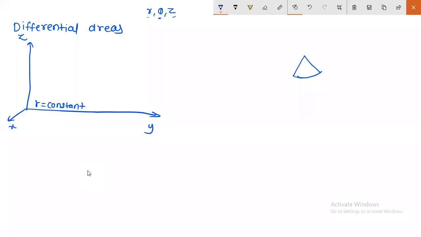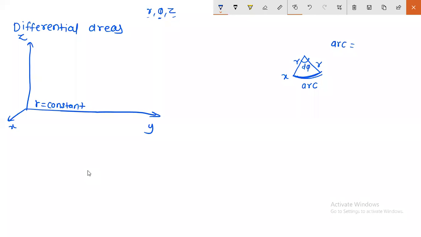If this is a small angle d phi, and this is the radius of your cylinder, and this is your arc, then to find the arc, that is the length, we vary from the x-axis in the anti-clockwise direction, and along the z-axis.